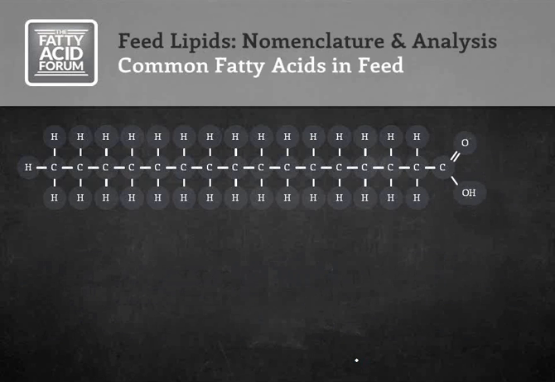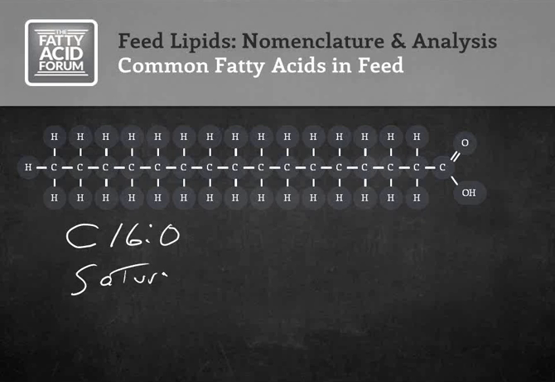Now, with that abbreviation system in mind, let's look at some common fatty acids that are in the feed of the animal. Now, this particular structure, if you count the carbons, you would see 16. So it's a C16:0, no double bonds in the chain. So does that make it a saturated or unsaturated fatty acid?